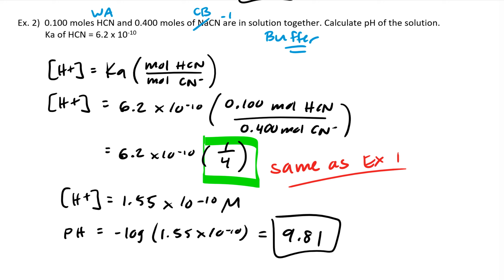And this is really important to understand, that the pH of a buffer is determined by the Ka value and the mole ratio of weak acid to conjugate base. And if those two numbers are the same, those buffer solutions are going to have identical pH values.